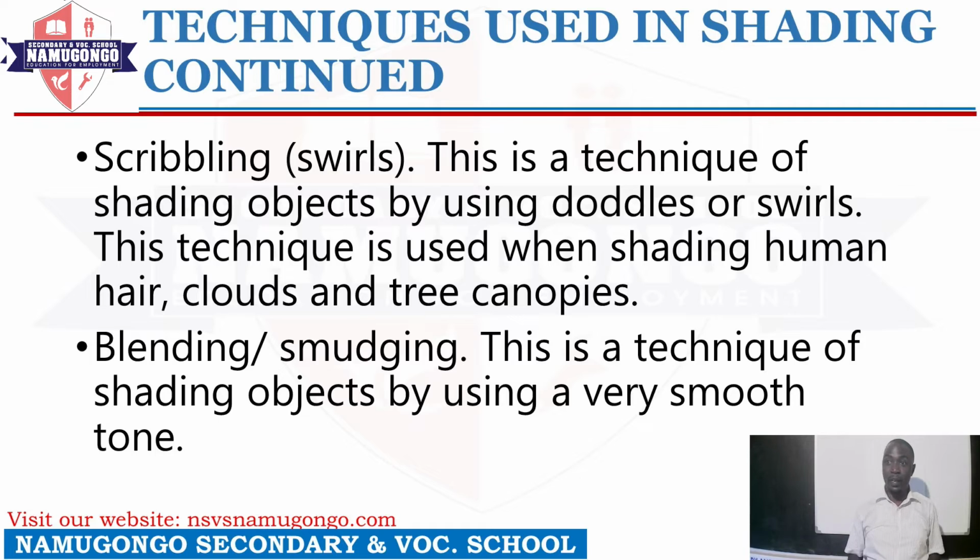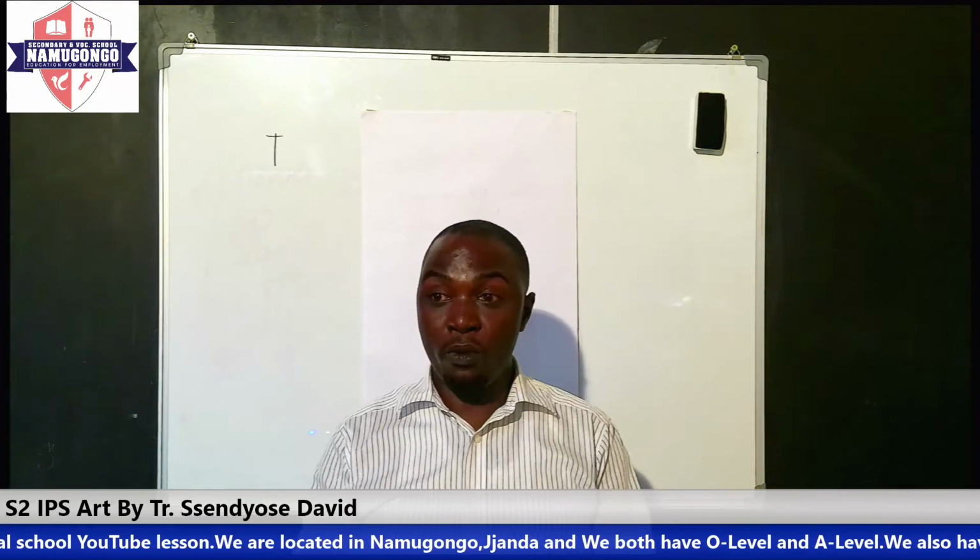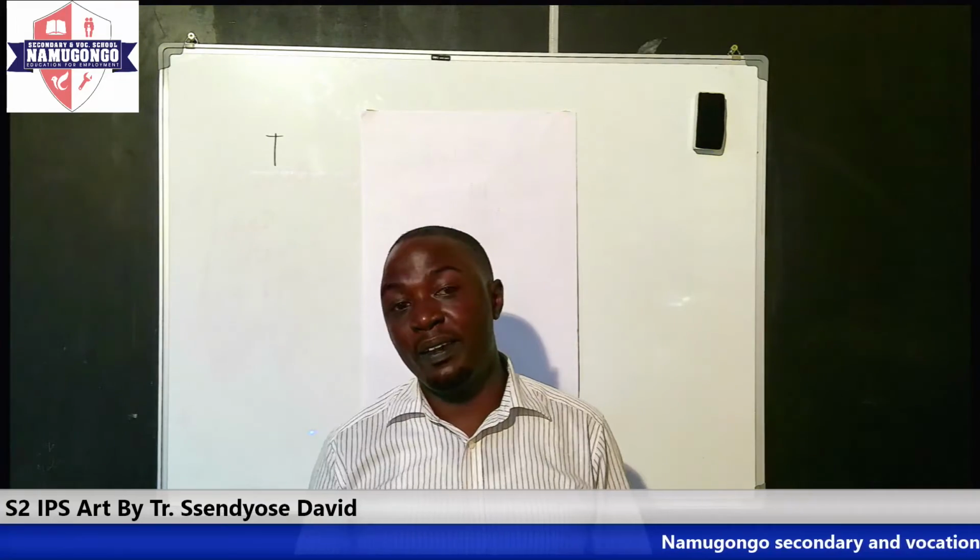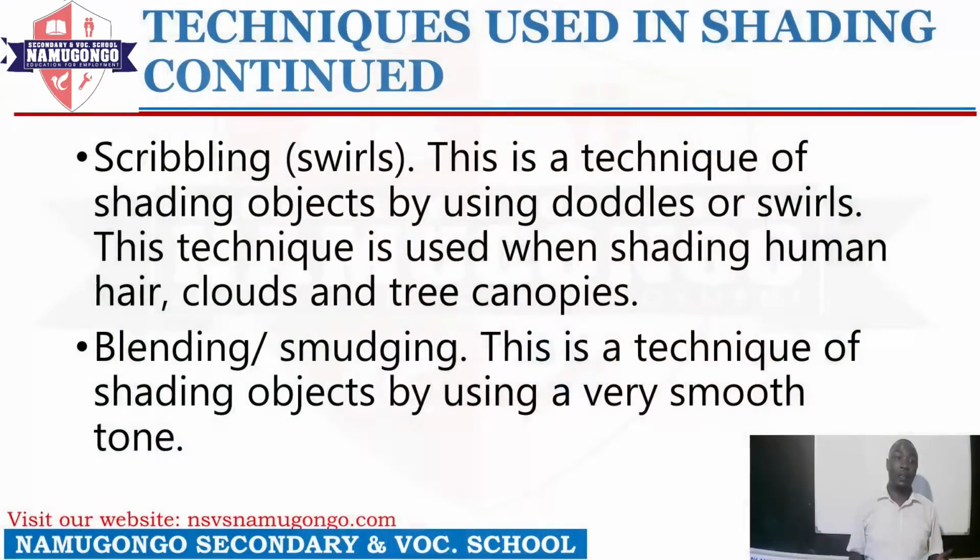That is what we were doing. But with such a technique, we use it to produce a tone. And in most cases, the things that we shade using this technique, we have an example here, the hair. We can use the technique of swirls to shade the hair, then the clouds, then lastly, we can shade the tree canopies using the swirls or the scribbling technique.